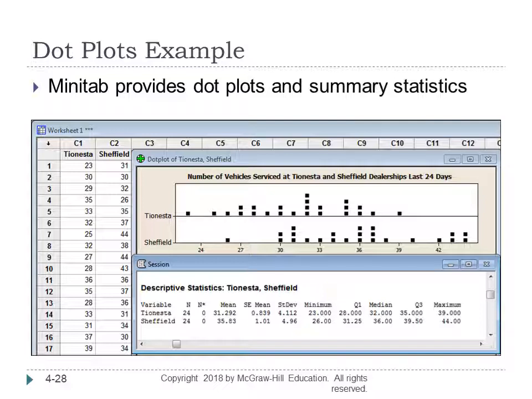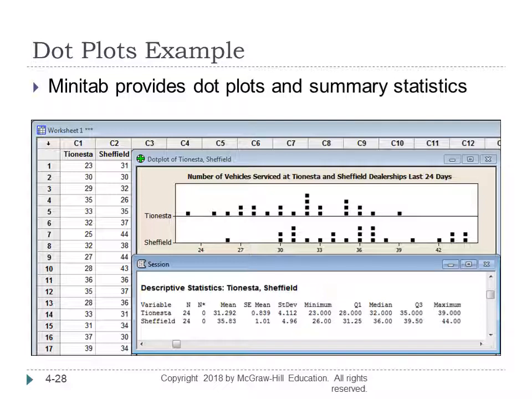You have a line for each location. You have a scale that will tell you the number of cars. Each location has its own line, and you can compare the two groups, the number of cars serviced for the month in the two different locations.